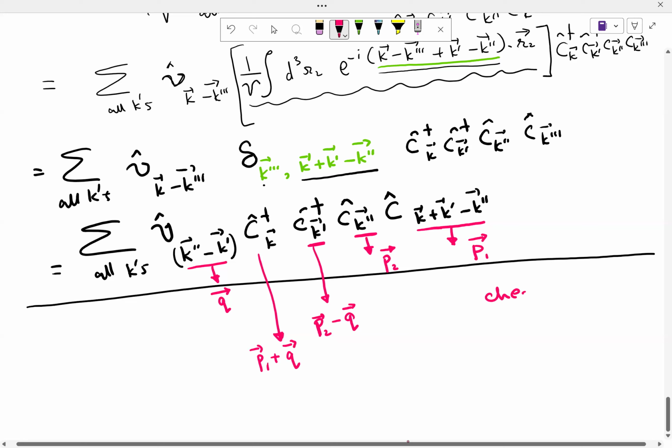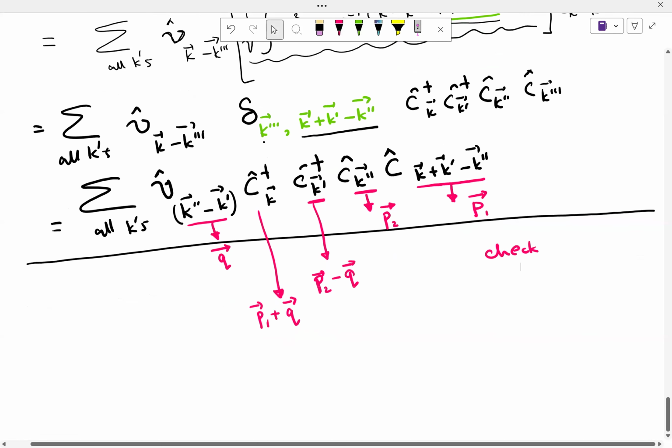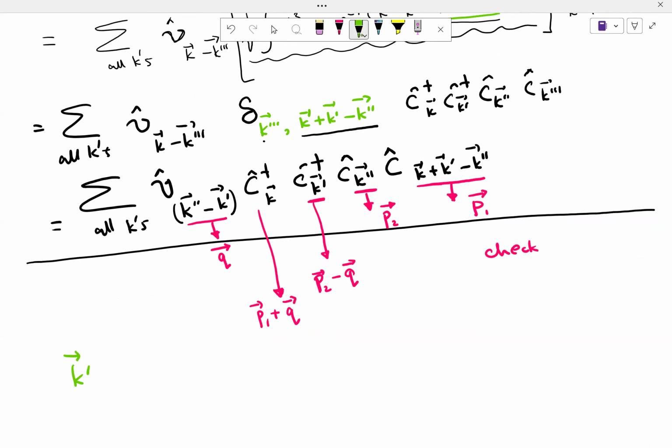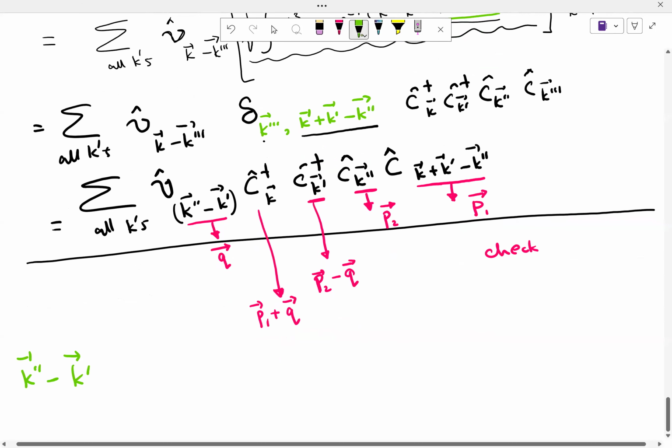This is something you can check on your own. So let me give you one example, one check. We know that K double prime minus K prime is Q. So K prime is K double prime minus Q. But what is K double prime?